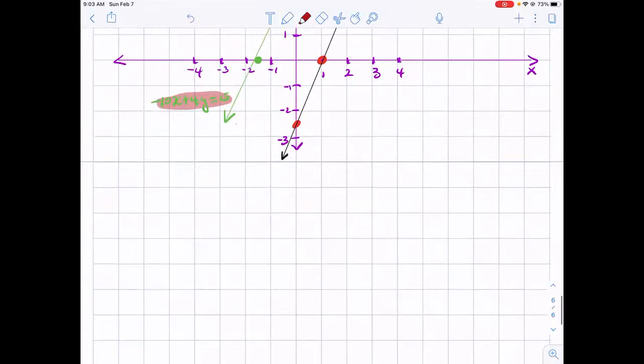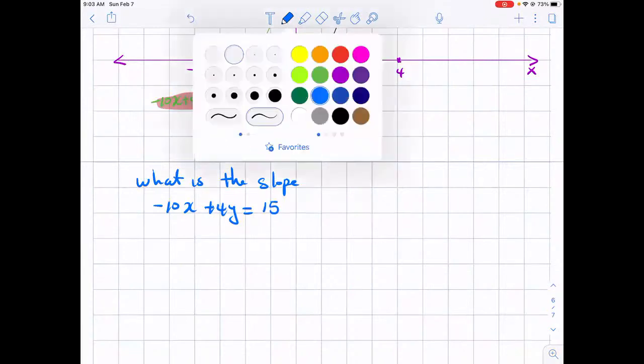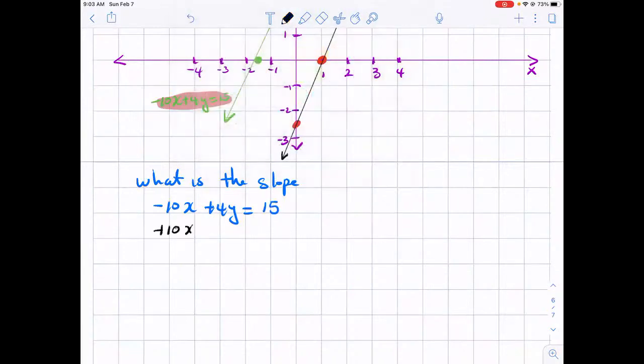So if I take those two equations, let's just check that. What is the slope of minus 10x plus 4y equals 15? And all this means is put it in the form y equals mx plus b. So I'm going to add 10x to both sides. If I do this, this becomes 0. So we have 4y is equal to 10x plus 15.